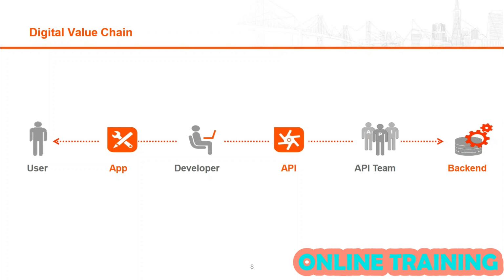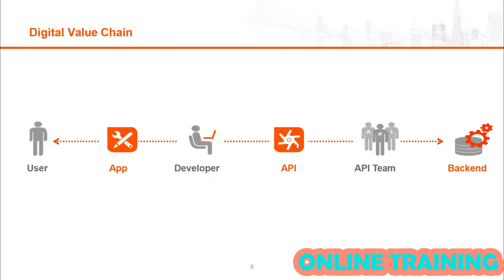See, there is a backend, there are databases and all. So this is the backend, the database or some web service if you have created one. The API team accesses this data. In order to access this data, they have to develop an application interface.